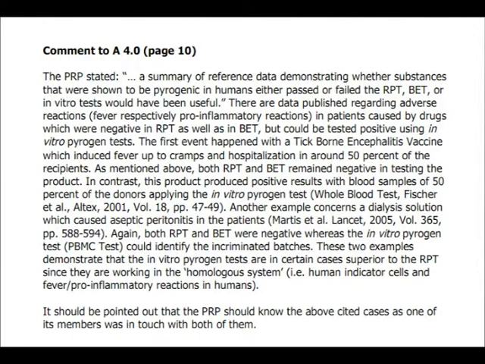And he names that test, the one we looked at actually, the whole blood test. The second example concerns a dialysis solution which caused aseptic peritonitis in the patients. Again, both the rabbit test and the BET test, which is the horseshoe crab test, were negative, whereas the in vitro pyrogen test could identify the incriminated batches.